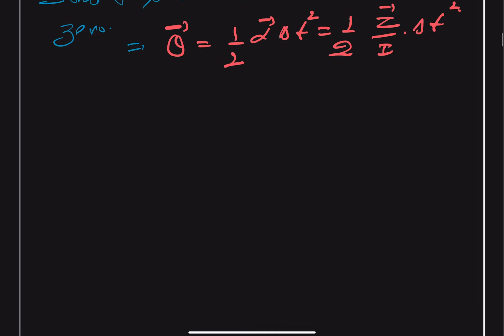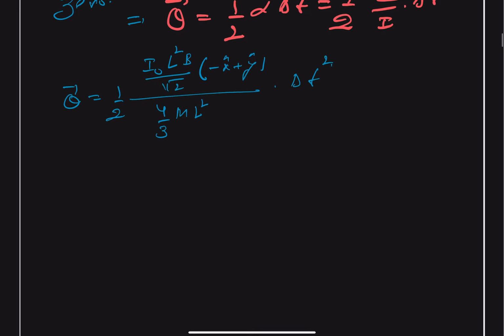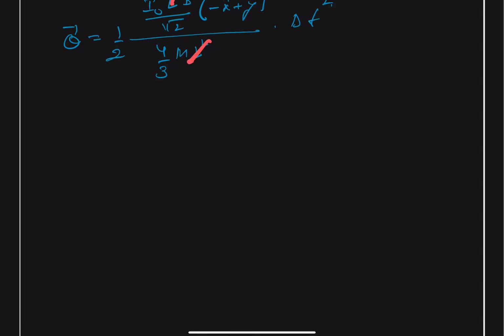So we can say that theta will be equal to 1 by 2, and moment of inertia is 4 by 3 m L square. Tau we calculated as I naught L square B divided by square root of 2 times minus x unit vector plus y unit vector, multiplied by delta t square. We can say L square and L square cancel out. The rest of things will be the same.